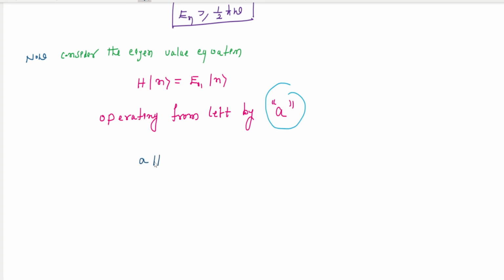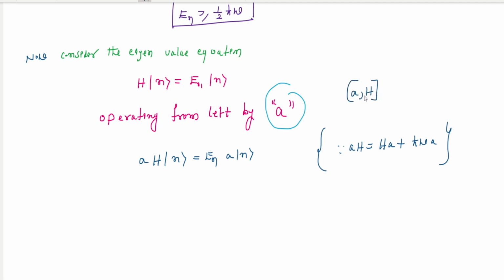A H into n equals En into A into n. So we know already AH equals HA plus h cross omega A, right?